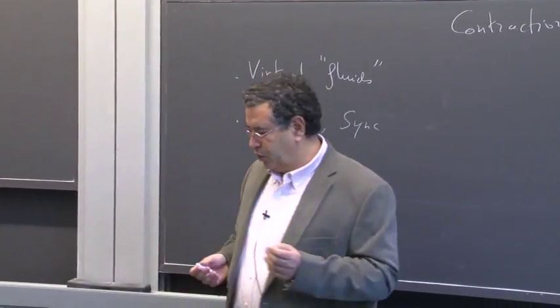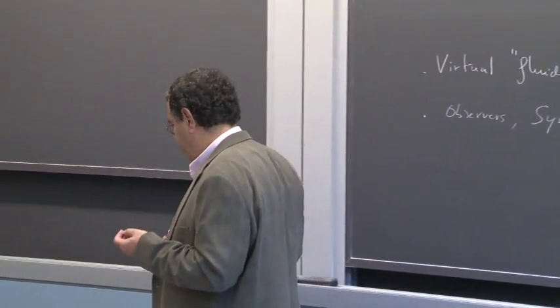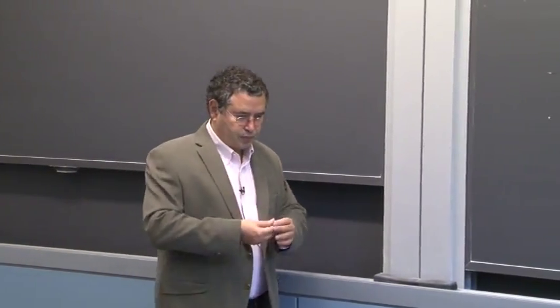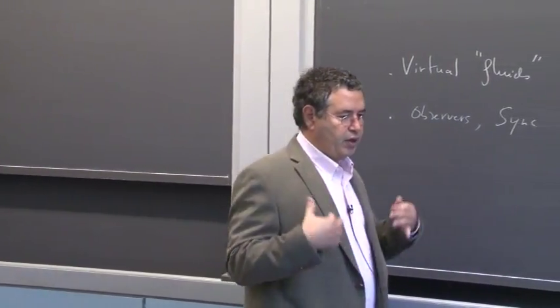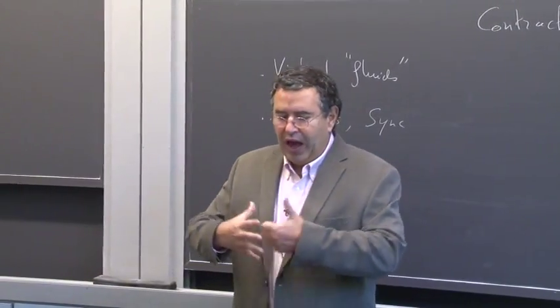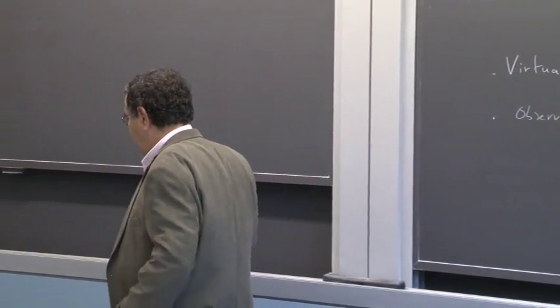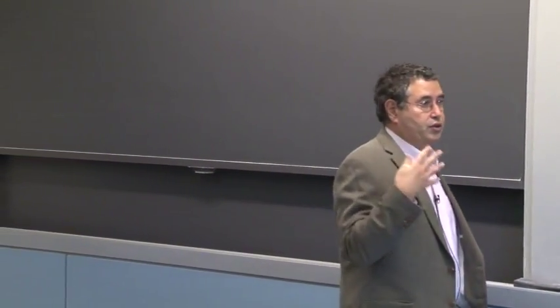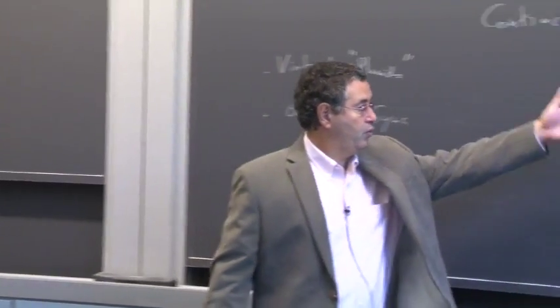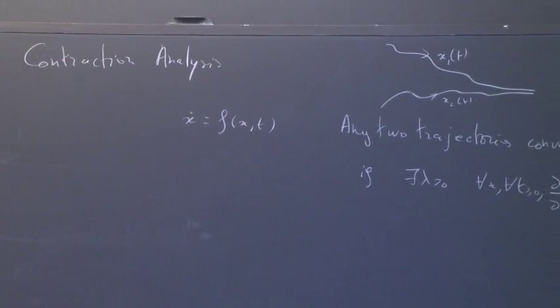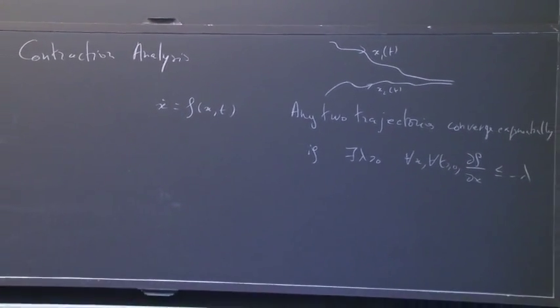And then we also gave an example of synchronization, this example of quorum sensing of groups of systems getting to some synchronized behavior as you increase the number of these systems. We could also prove that result using this scalar property by introducing an extra idea, which was the idea of a virtual system.